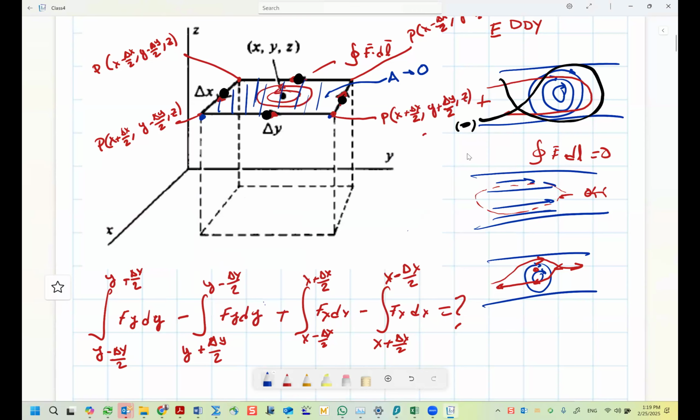Put simply, this integral corresponds to this path, right? It's this path. And it's been evaluated in the middle. It's been evaluated at the black dot.